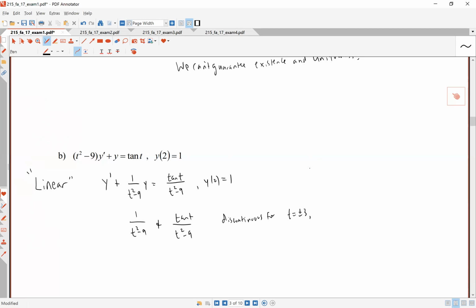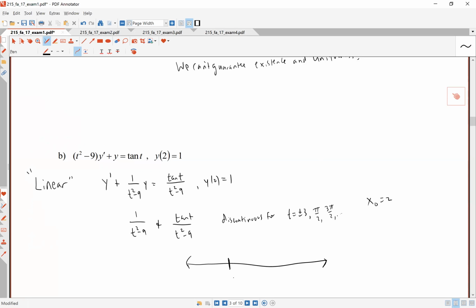And tangent is undefined at pi over 2, 3 pi over 2, and so on. So we're looking for the largest interval containing the point t naught equal to 2, where these both are continuous.